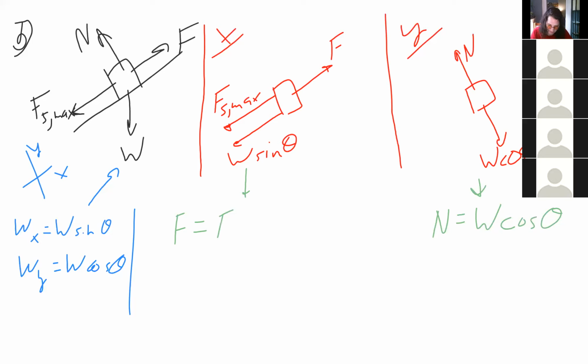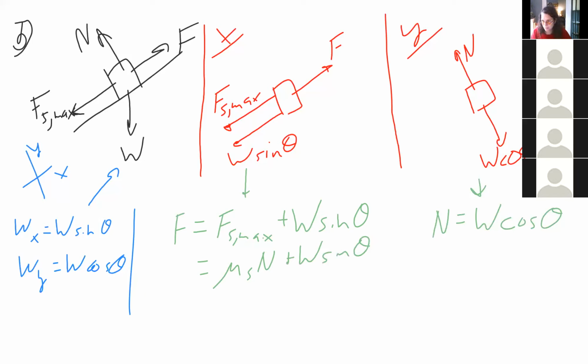So that'll be the force of static max plus the weight times the sine of theta. Okay, ultimately I need to solve for this guy right here. So if I can get some numbers in on the right-hand side that I know, then the problem will be done. Force of static maximum is equal to mu static times the normal force, plus W sine of theta.